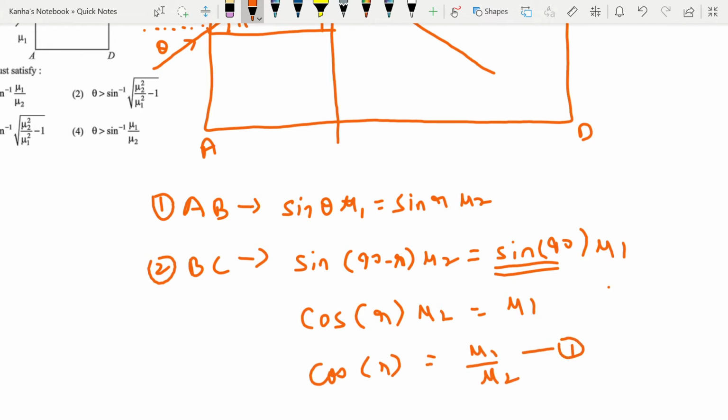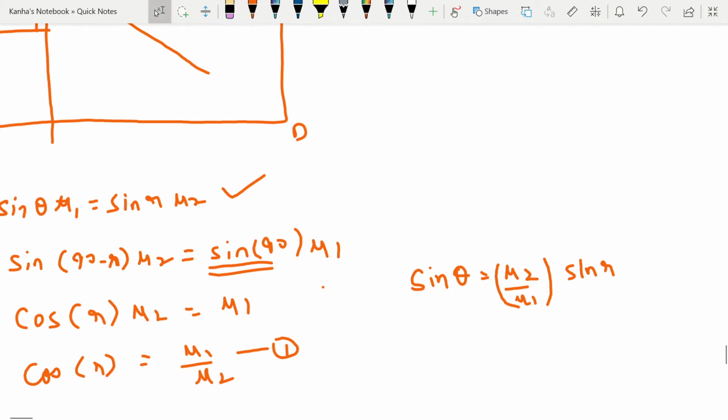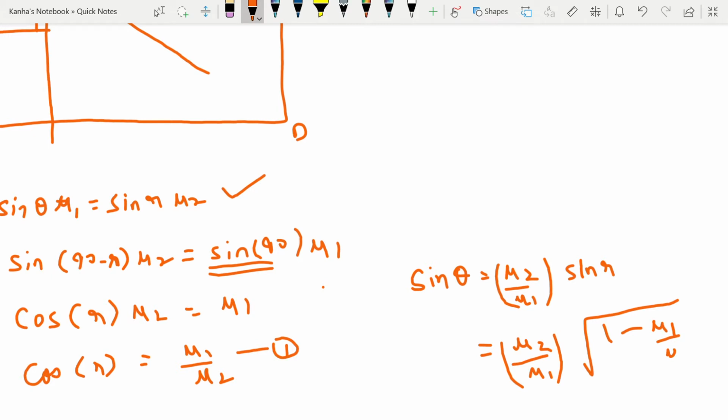Given this, I need to substitute it back in the equation for AB. There I had sine theta is equal to mu2 by mu1 into sine R. Now I can substitute for sine R as root of 1 minus cos square R, so it is mu2 by mu1 into root over 1 minus mu1 by mu2 whole square.